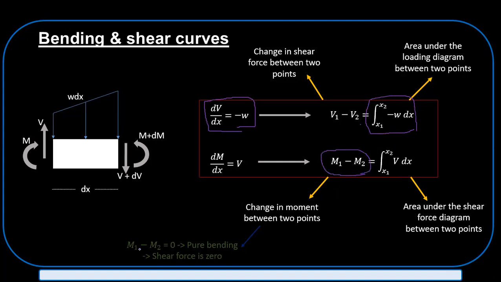If the change is 0, we call it pure bending. That means the beam has uniform bending moment throughout that length where shear force is 0.